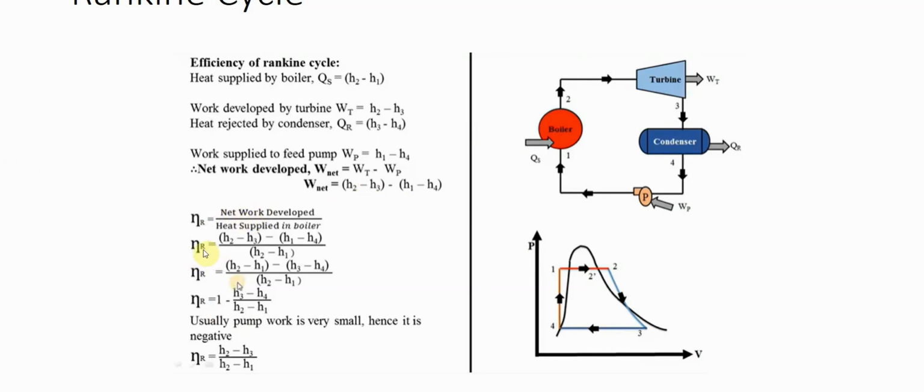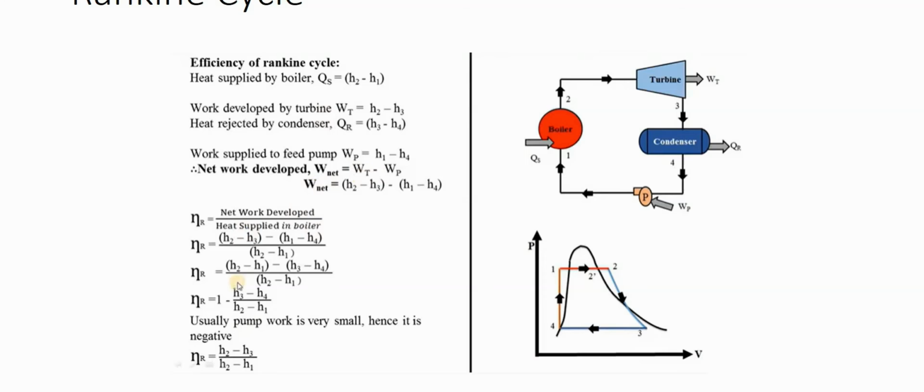So how will you find the net work done? You can see here, this is the turbine, because the work done by the turbine is positive, since it is delivering, minus WP, the pump work, because the pump is taking some energy. The pump takes water from the condenser and feeds it to the boiler, so this is pump energy we have to supply.